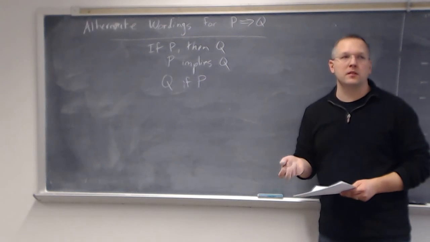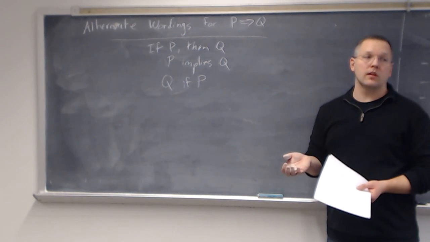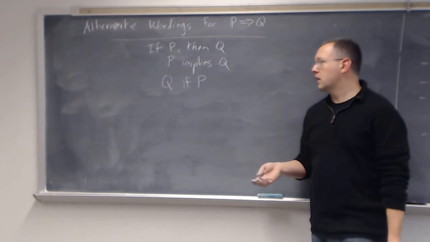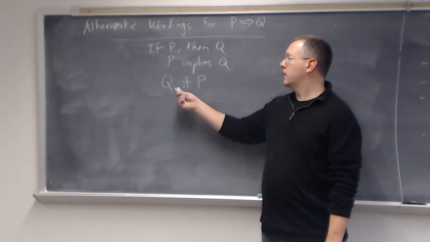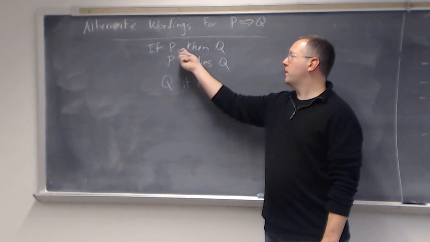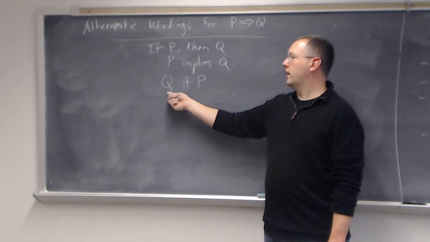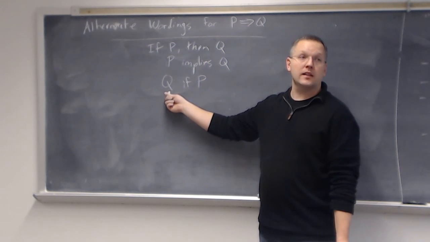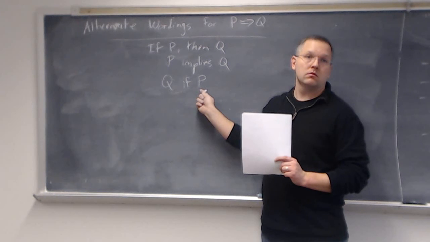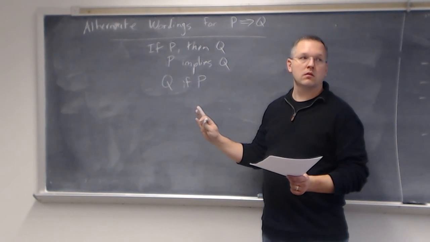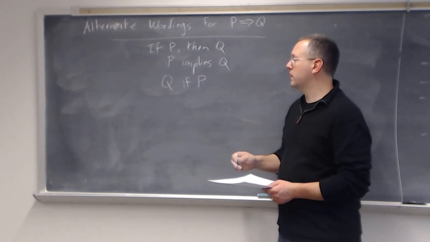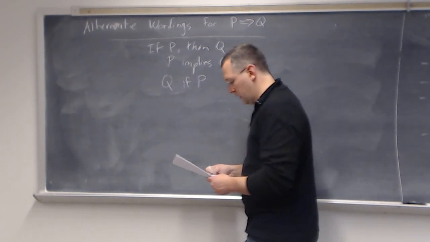It might help to substitute real sentences. If I said, if I'm elected, then I'll lower taxes, then this one would be, I will lower taxes if I'm elected. See how those mean the same thing? And it should make sense in English.